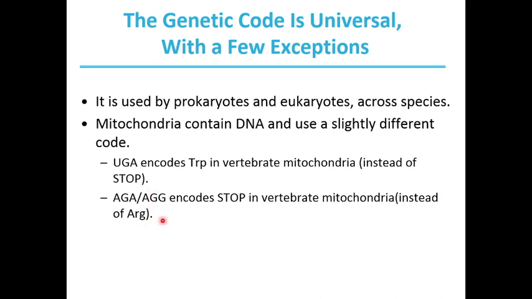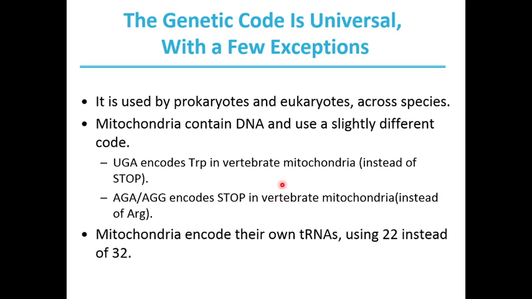AGA or AGG encode stop in vertebrate mitochondria instead of arginine. So these are in mitochondria of vertebrates. These are the exceptions. Mitochondria encode their own tRNA, using 22 instead of 32.